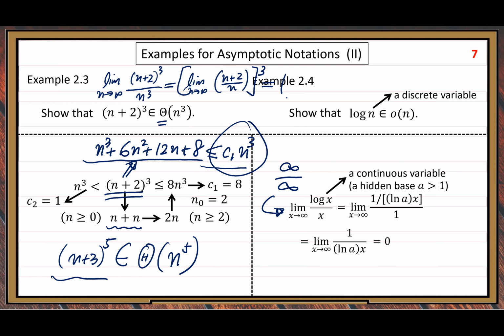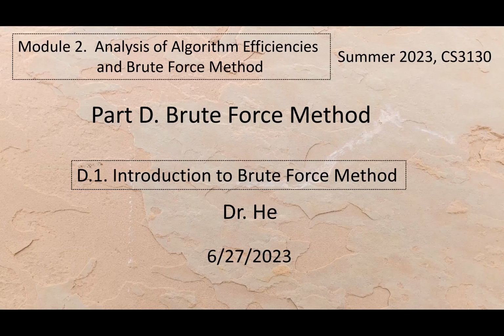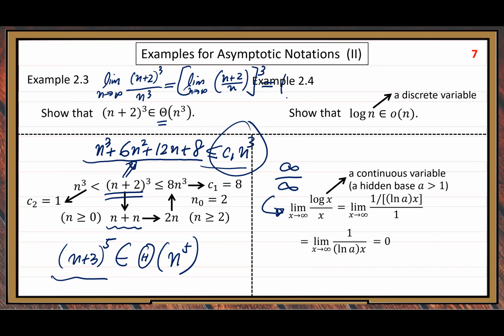If the limit is 0, then we go back to the discrete variable. This is the continuous variable, so we can take derivatives, but after we get the limit, we can go back to the discrete variable version. I quickly jumped ahead, so let me write one more step.